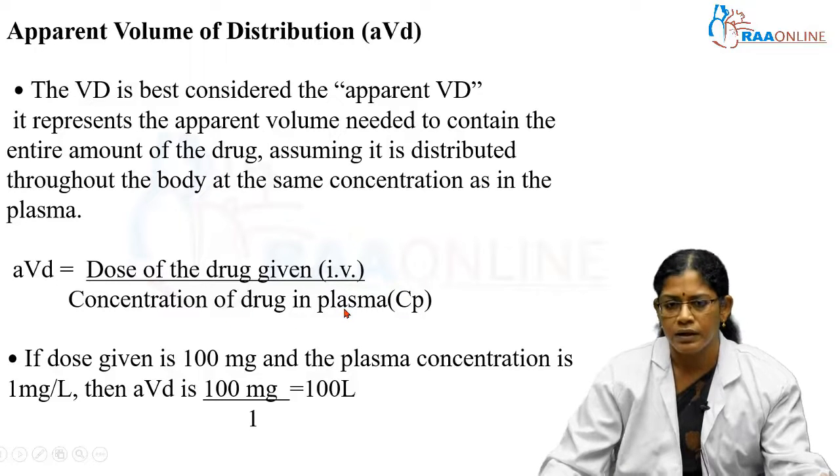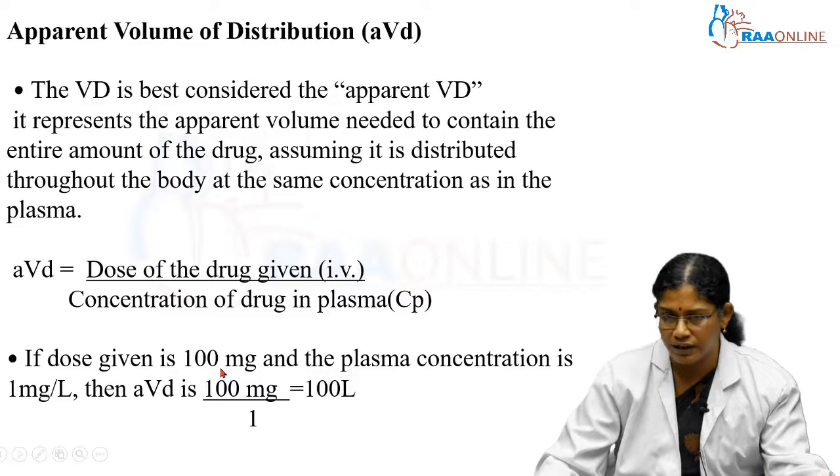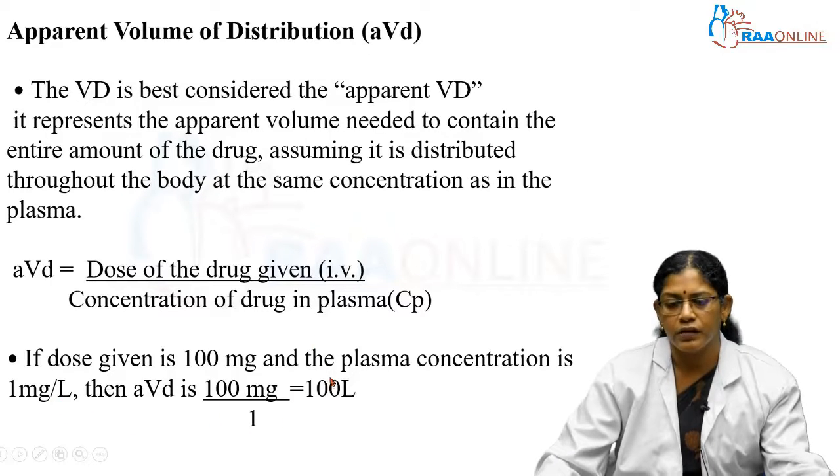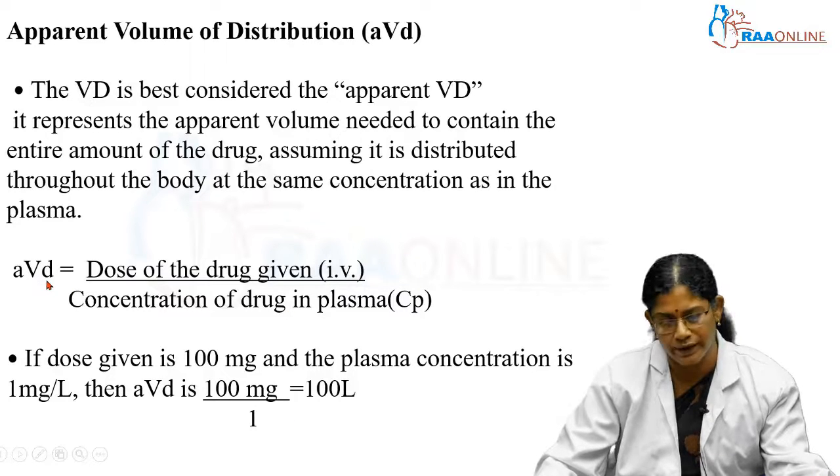Consider if a dose of a drug is 100 mg, we have given by intravenous route, and the plasma concentration when we are seeing it is 1 mg per liter. The apparent volume of distribution is 100 liters. So, here the plasma concentration is very low, so the volume of distribution is very high.